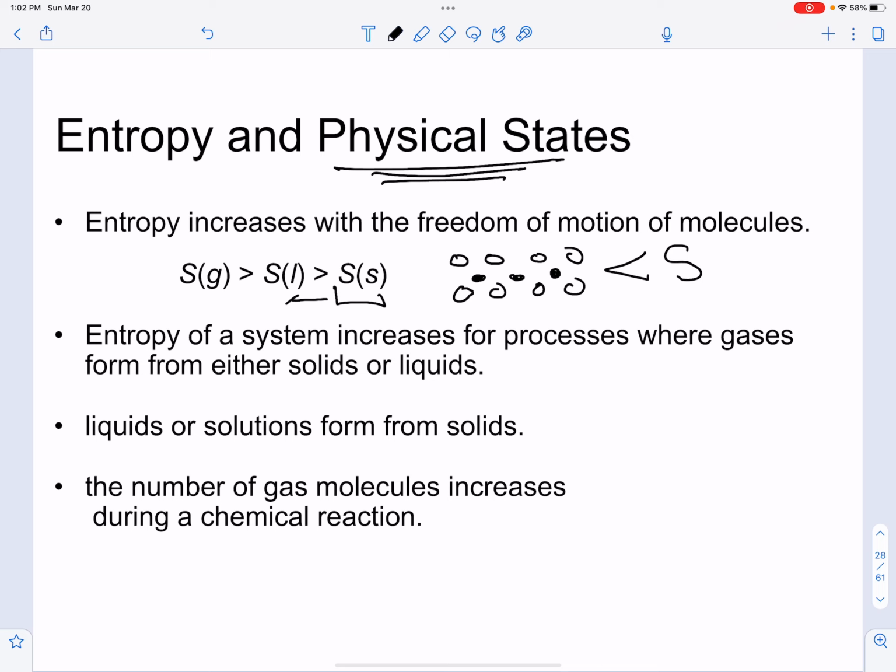When you go into the liquid, now the molecules can move more freely, so the microstates increase, the possibilities of finding the molecules in different places, and even more when you get to the gas. Therefore, the entropy of a gas system is always higher than the entropy of a liquid system, and that is higher than the entropy of a solid system, because the possibility of different microstates increases with increase in kinetic energy.